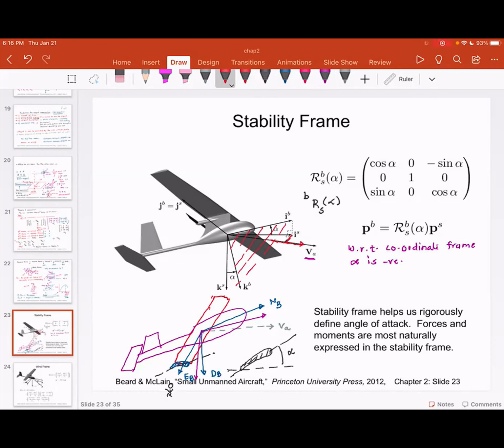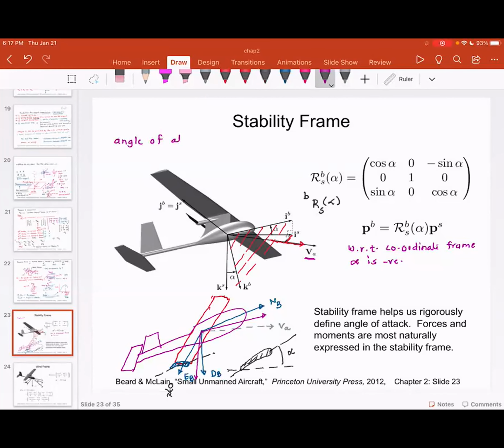So if you take the projection in the IB KB, that gives you IS, and then you are going to have JS. JS is going to remain in the same direction as JB, and then the cross product is going to give you KB.